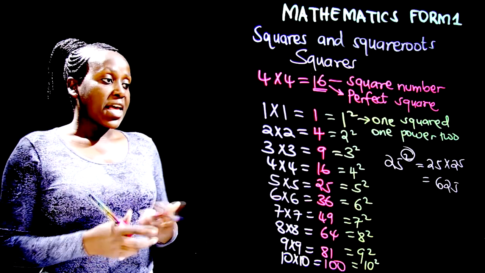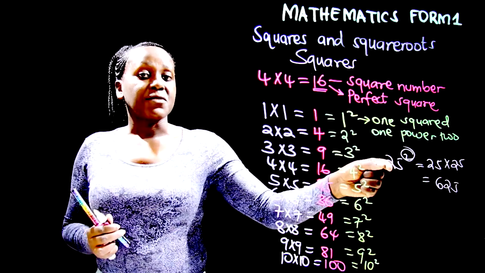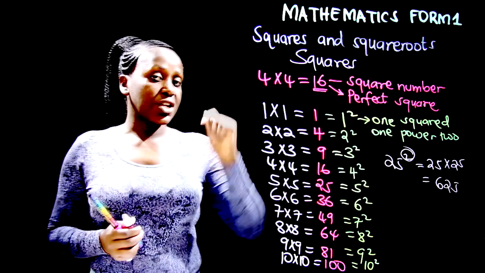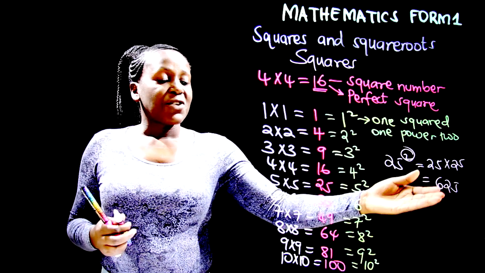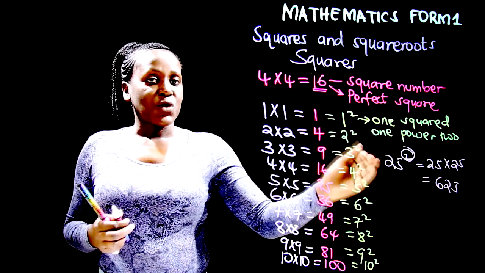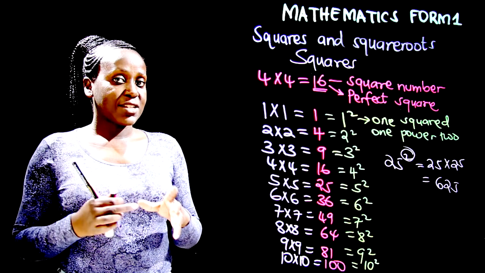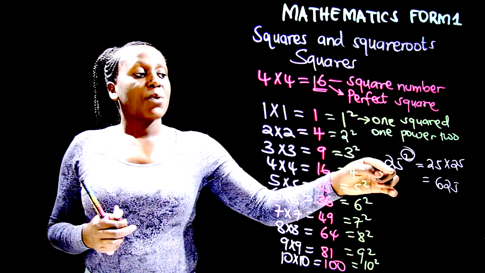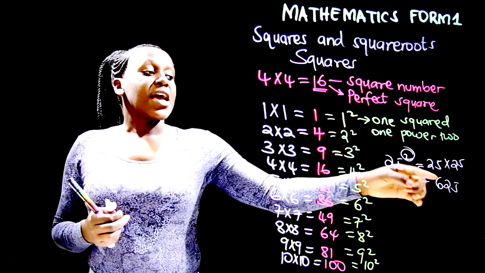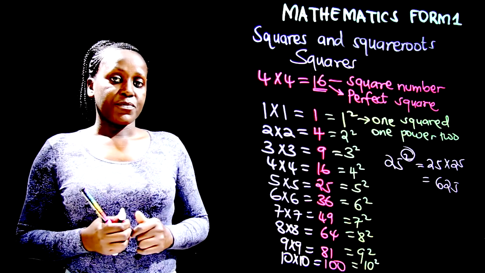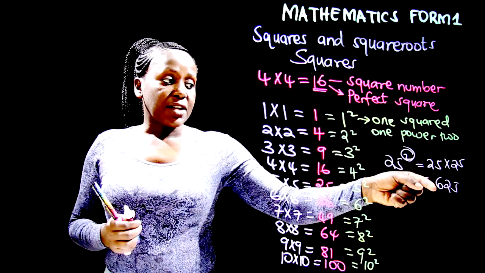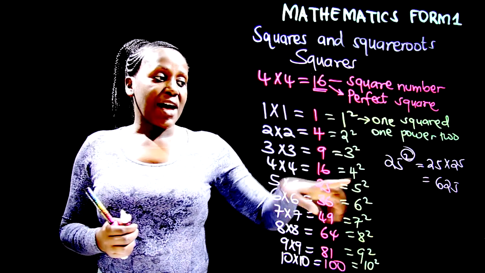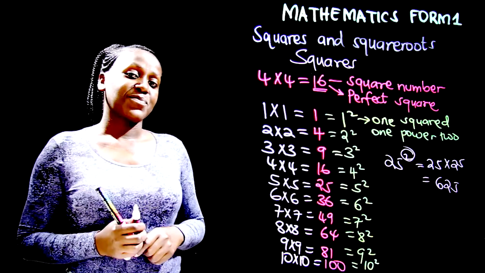So you can say that the square of 25 is 625, or 625 is the square of 25. I hope you are getting those terms, that the square of 25 is 625. An alternative way of saying that is that 625 is the square of 25. Alright?